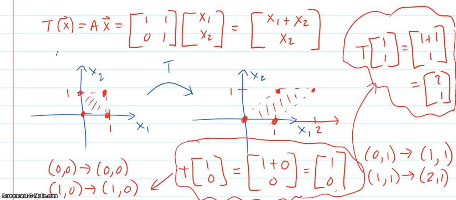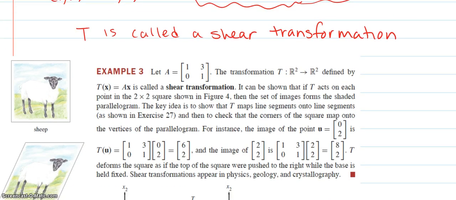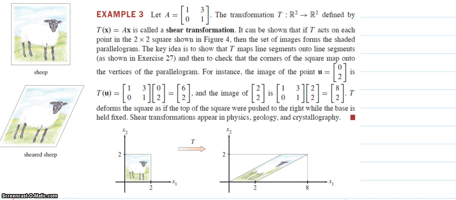Okay. So T is called a shear transformation. Let's look at the example in the book. If you look at example 3 in the book, their shear transformation is [1, 3; 0, 1].